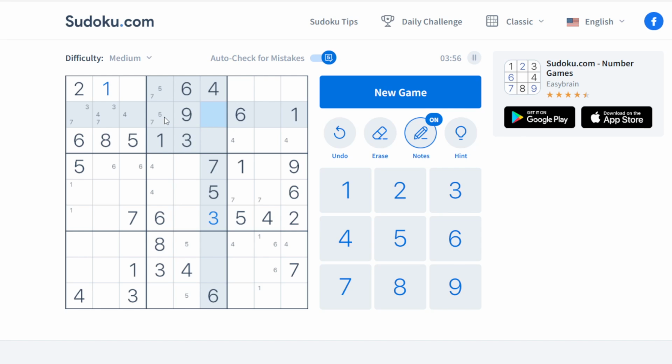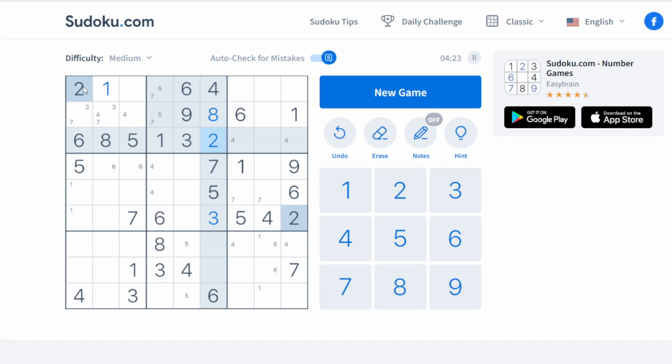1, it has to be a 2, 3, 4, 5, 6, 7, or an 8. And that must mean this is a 2 or an 8. However, I see there's an 8 already over here. Therefore, this is guaranteed to be the 2. And this is guaranteed to be the 8.